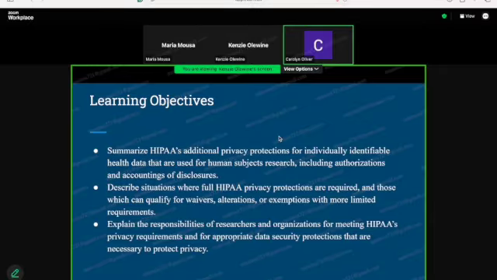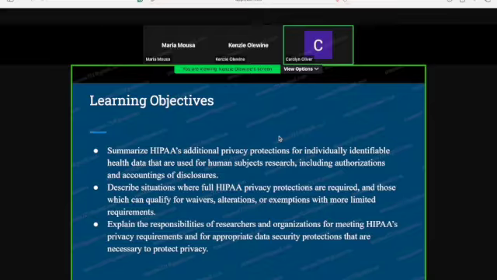Okay, so the learning objectives for this module are, first, to summarize HIPAA's additional privacy protections for individually identifiable health data that's used for research with any human subjects, including the authorizations and accountings of disclosures as well.